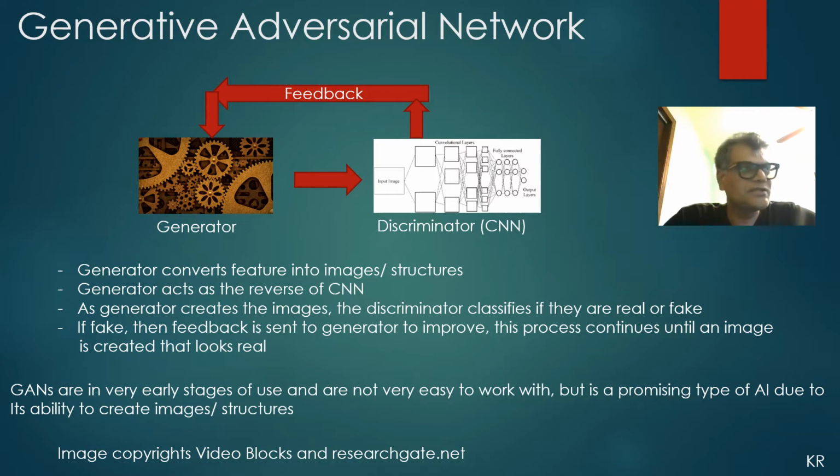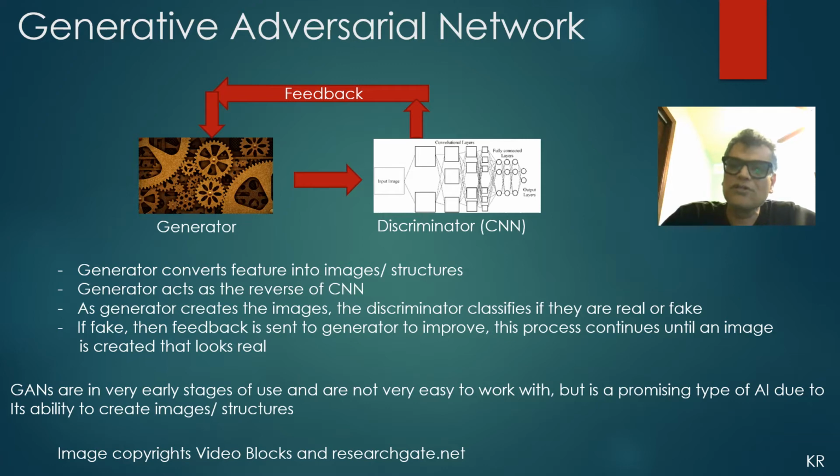To explain this in layman's terms, think of this as a counterfeiter and appraiser scenario, wherein a counterfeiter will create, say, a painting that looks like the original, and the appraiser has to determine whether it is an original or not, and send feedback to the counterfeiter.